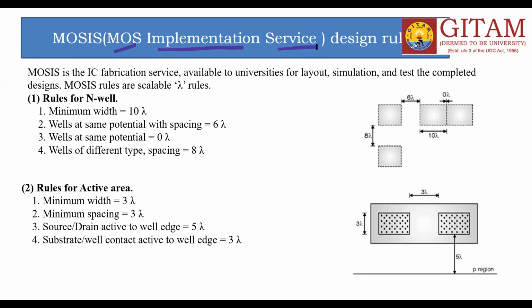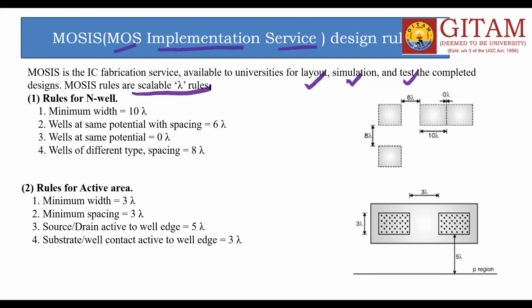MOSIS is an IC fabrication service available to universities for layout, simulation, and testing of the completed design. So MOSIS rules are scalable lambda based rules. MOSIS is one of the service companies.